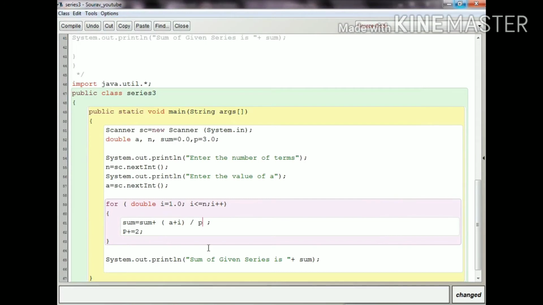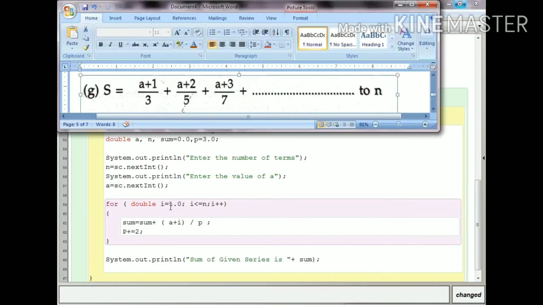Okay, next time when I increases to 2, then the value of p is 5 and the value is a plus 2 by 5. Now the I value is 3, then a plus 3 by 7. So that is the answer of question number G.